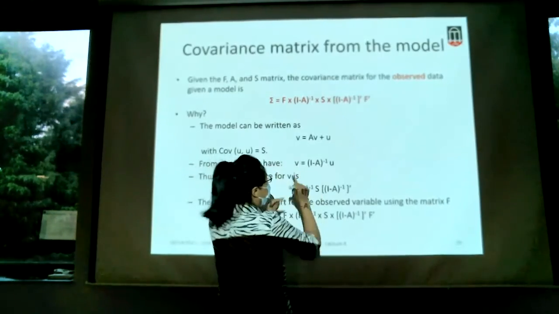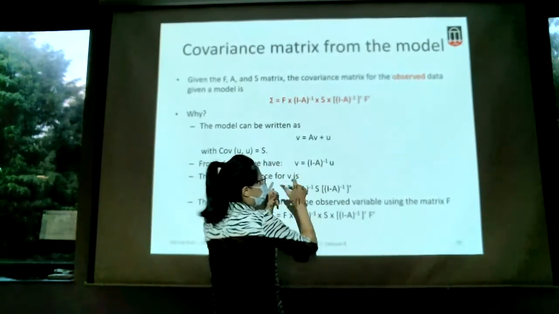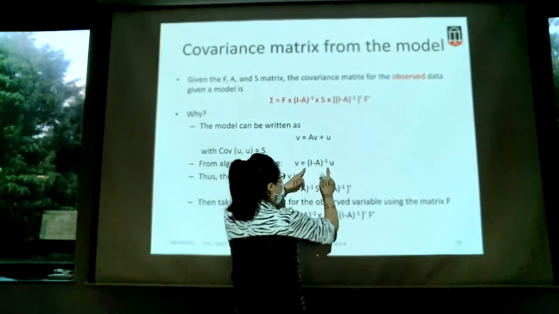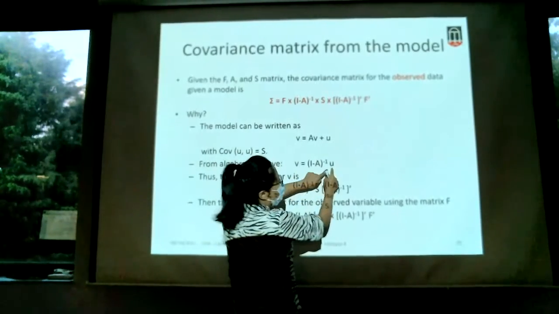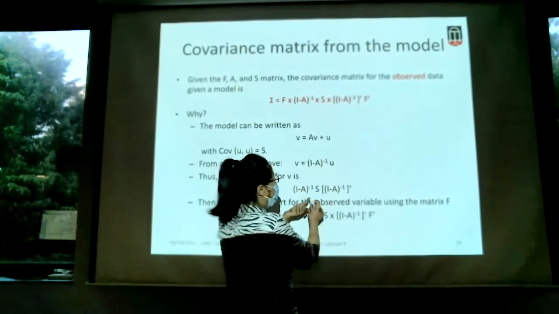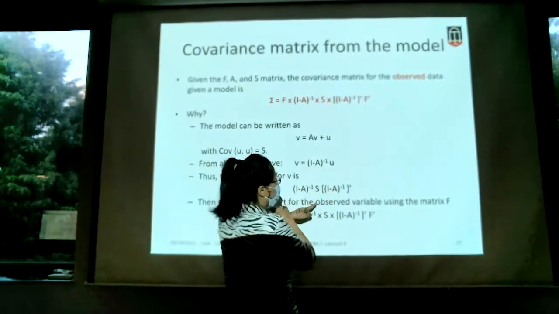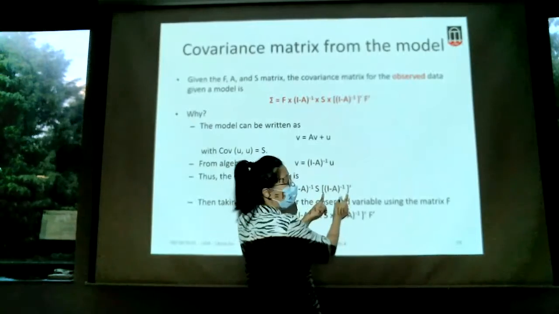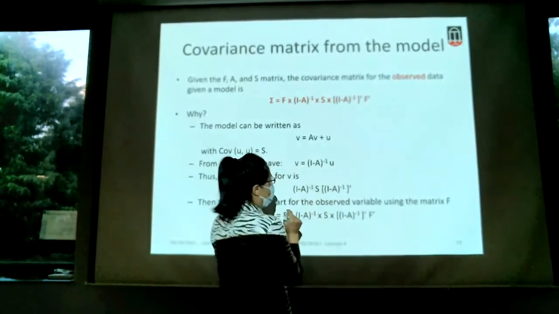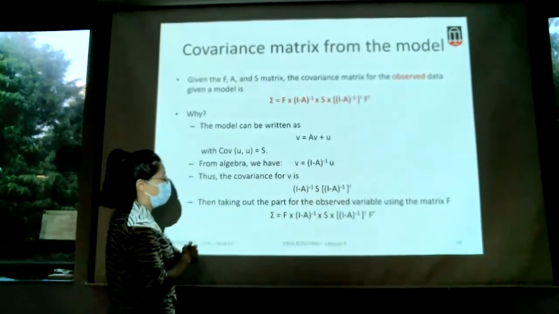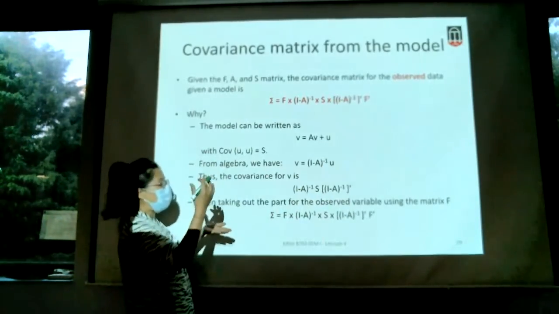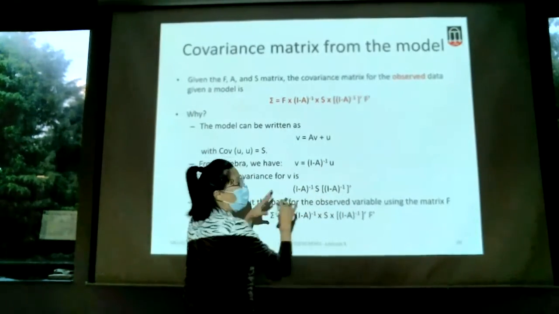By following the covariance rules, you have this part, and the covariance of U, the residual part, is the double-headed arrow S. Also by following the rules, you have the transpose of the inverse of this matrix. This part is for all variables.